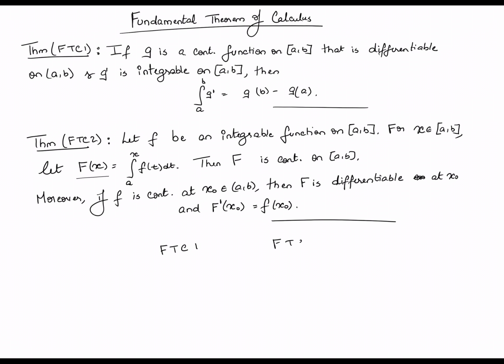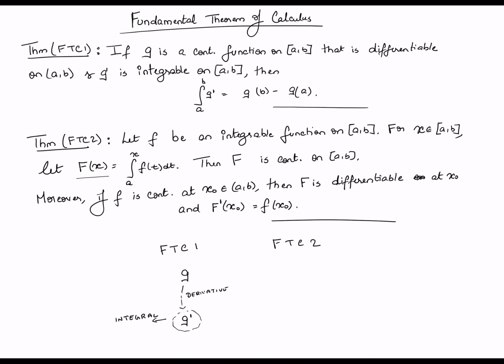and FTC2, in FTC1 you have the function g, okay, and you have g prime, the derivative of g. So this is a derivative, right? And ultimately what it is trying to tell you is the integral of this function, right?